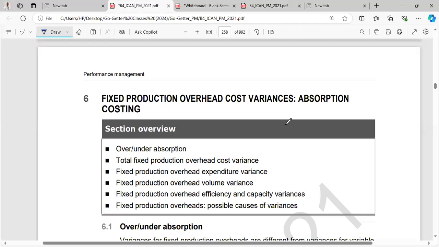If you know that for quantity or for direct material, all you need to do is just change quantity to hours, price to rate, and you are good with labor. Use the same thing in production overhead. So just change the rate to expenditure and you are good.